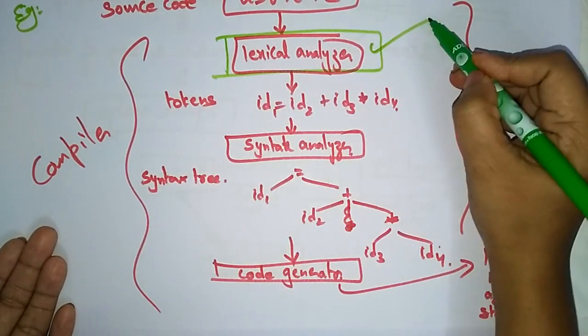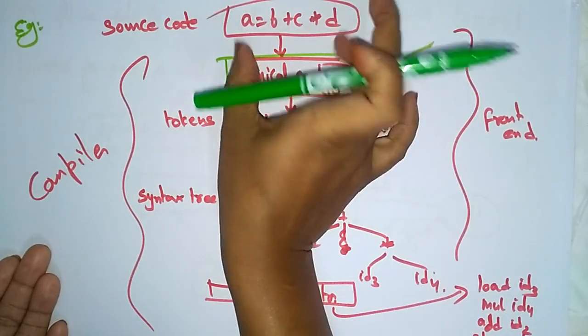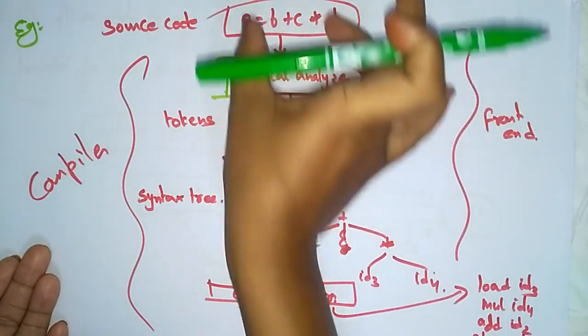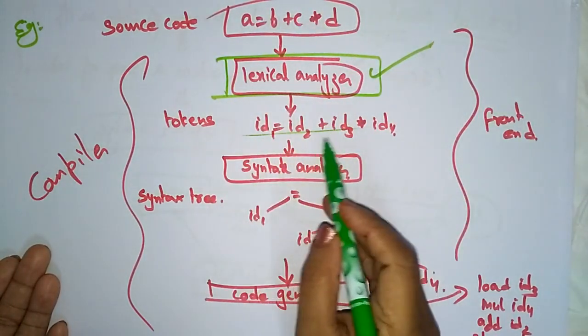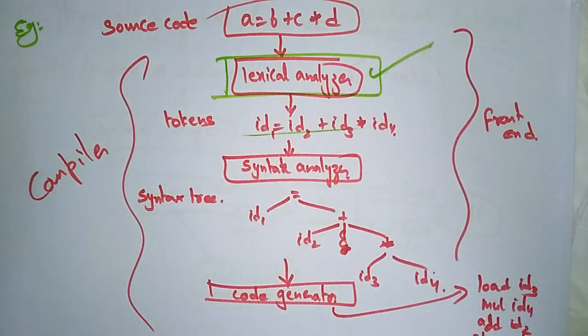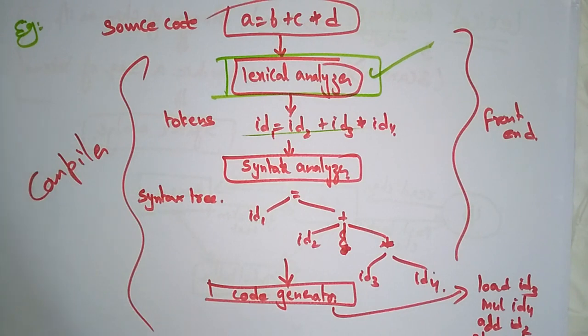It takes the input from the source code and converts each character into a series of tokens, so that the compiler understands the input, because the compiler doesn't read the alphabets. So the lexical analyzer converts it into tokens. This is just an introduction.